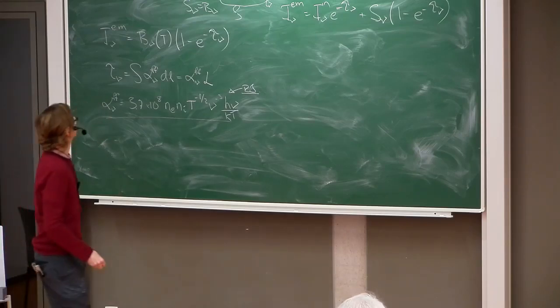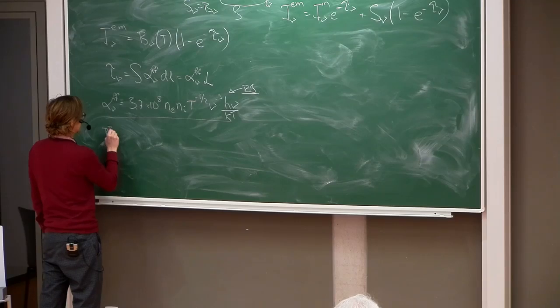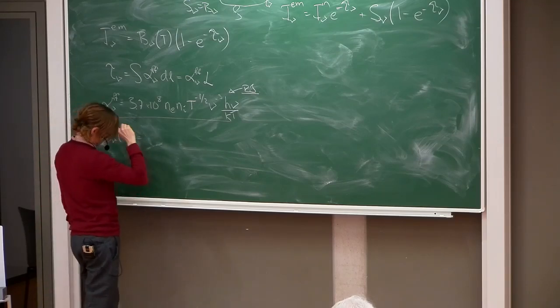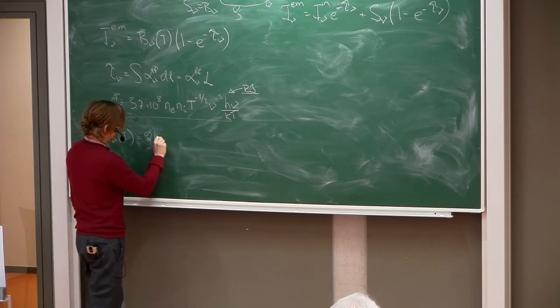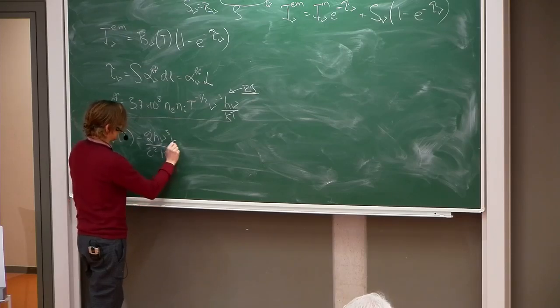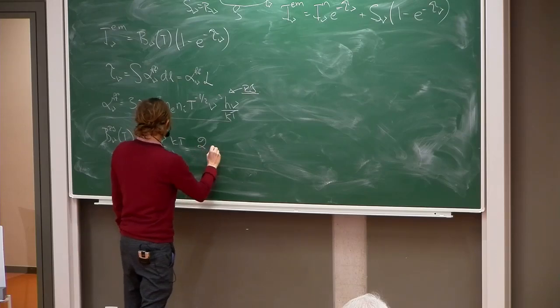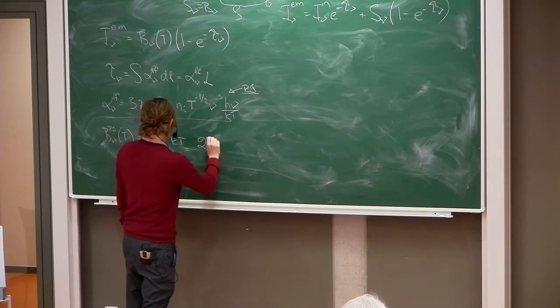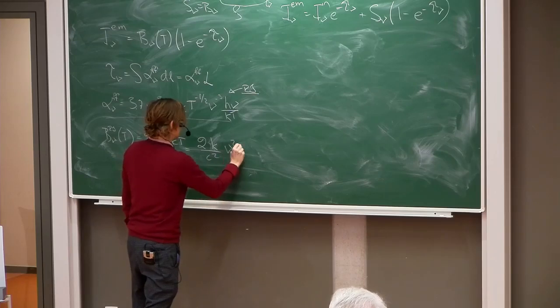Okay, so we of course also know that B nu in the Rayleigh-Jeans tail is just, what is it? Well, it's 2 nu cubed over c squared times h nu over kT. So that's just 2 nu squared k T over c squared.